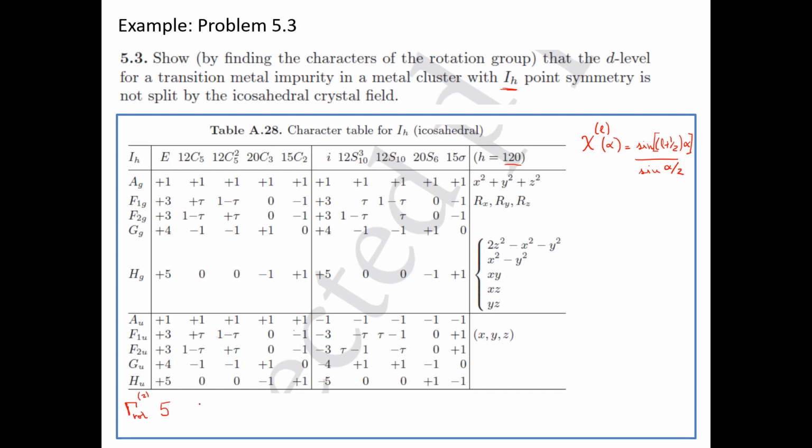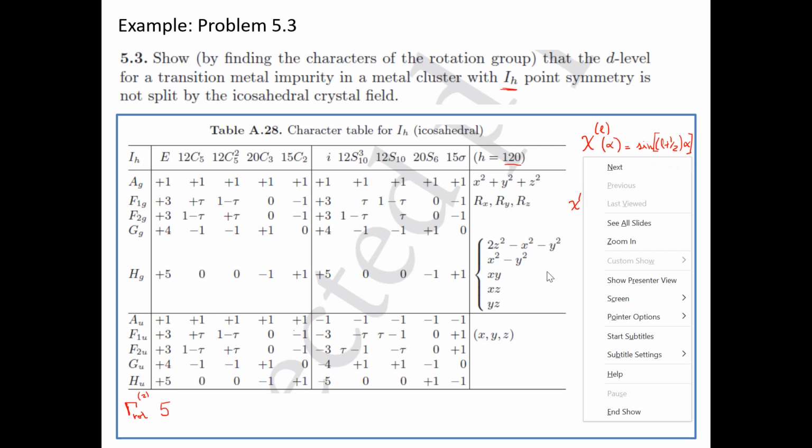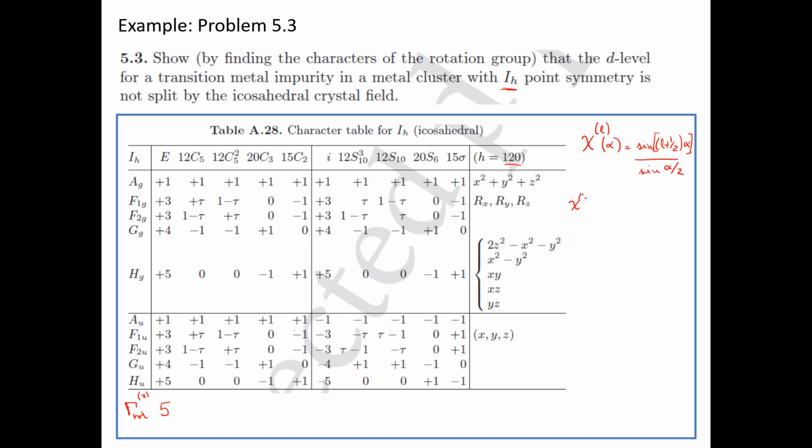Other results that we have seen already last time were that when we do a rotation by 2 pi over 3, when alpha equals 2 pi over 3 and L equals 2, we calculated this last time, and this is equal to -1.